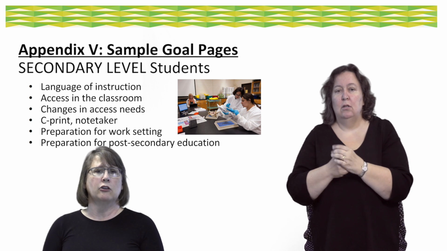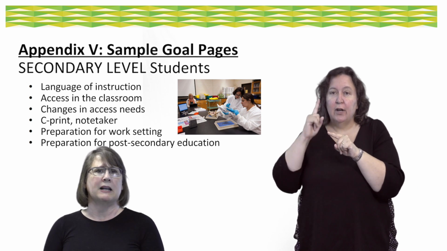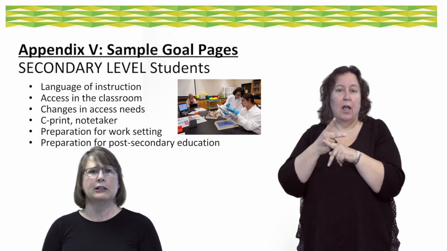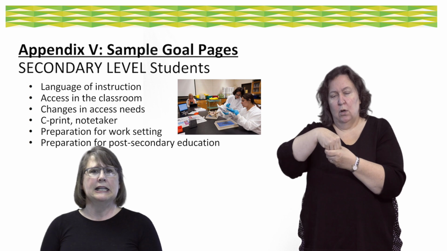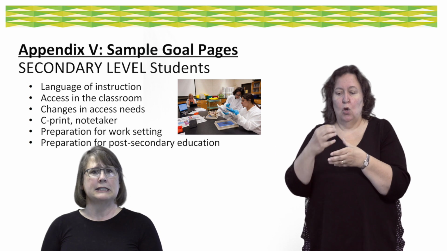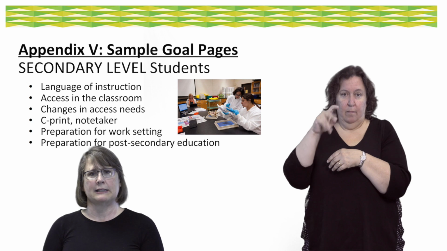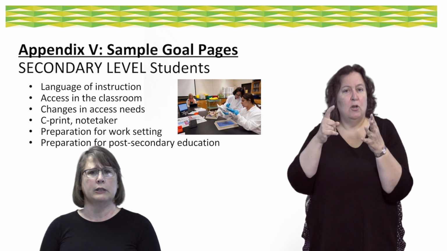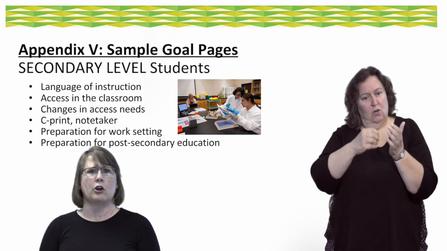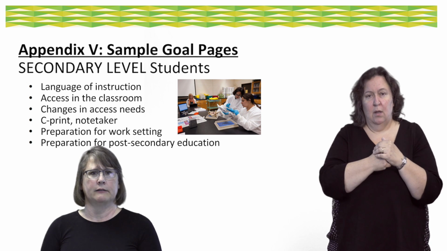Students ranging in hearing levels, ages, abilities, modes of communication, and school placements are included. Each student example contains a section, which is the present level, that provides important information that should be included in every deaf or hard of hearing student's IEP.